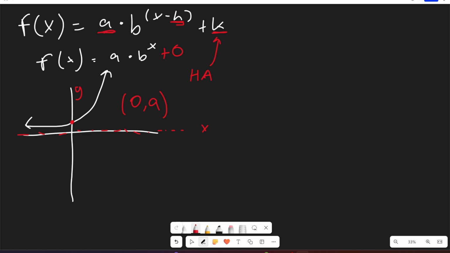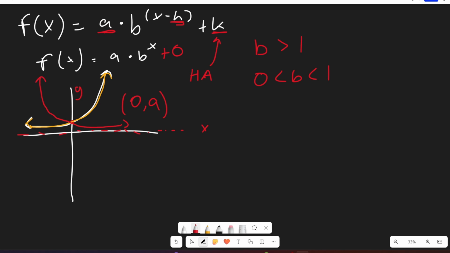So essentially, if b is greater than 1, then we know that our graph is going to be looking something like this. It'll be increasing. But when b is between 0 and 1, we know that our graph will be looking something more like this.